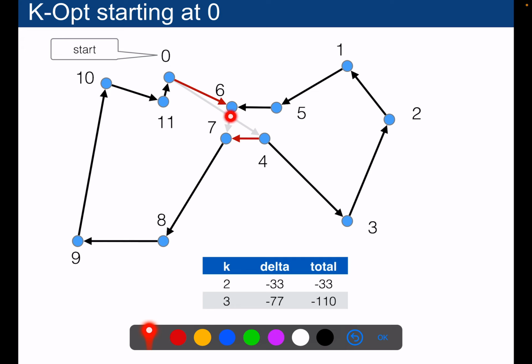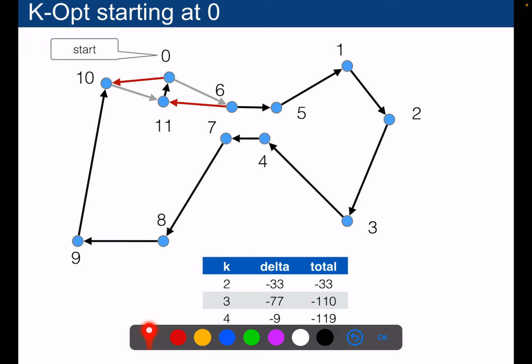We remove that one, we include that one, and then we remove that one. And that's even more interesting because now we would arrive at a circuit with k equal 3, a sequential 3-opt move of minus 77. And so overall, if we would apply the sequential 3-opt move, we would reach minus 110.